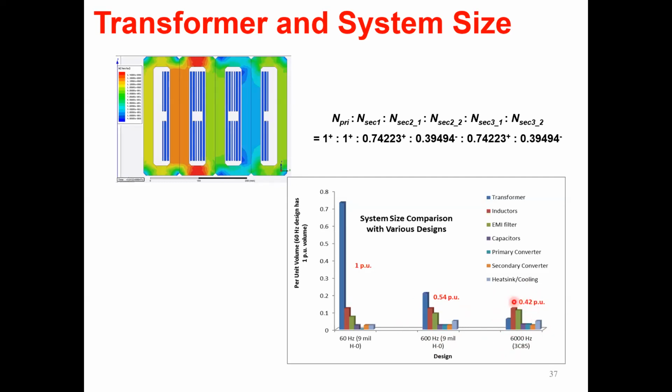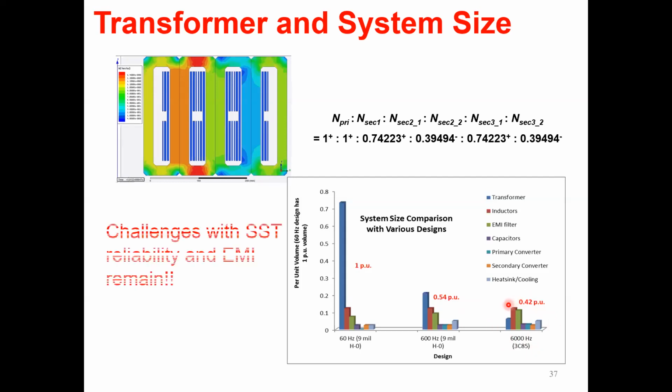The design itself is so much more complicated because it's a higher frequency transformer. So is it worth going to high frequency for high power applications? I'm not very sure. We have to look at the application more closely and decide whether we should go to medium frequency or high frequency because of these reasons.